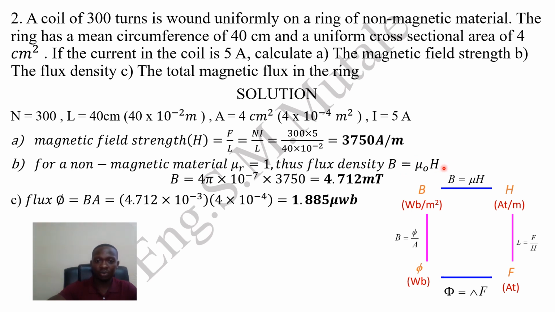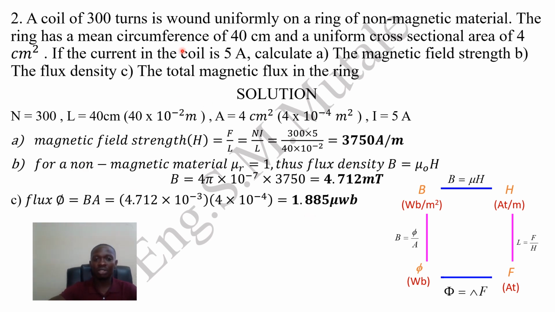H we've calculated, so you just substitute: 4 pi times 10 to the power negative 7 times the value for H. When you do your calculations, you're going to produce 4.712 milliteslas. This is your B, the flux density.